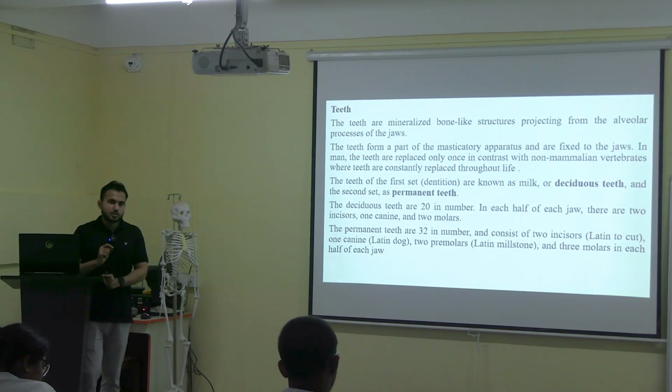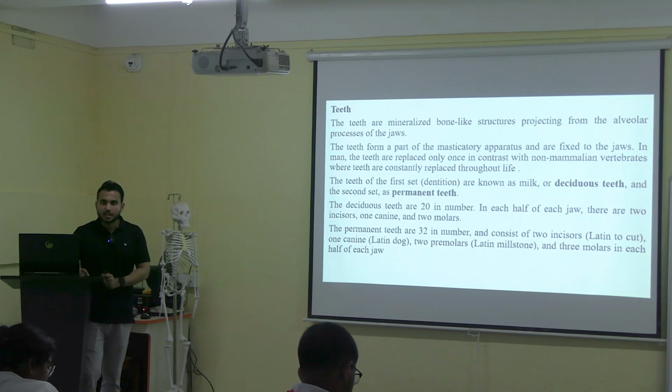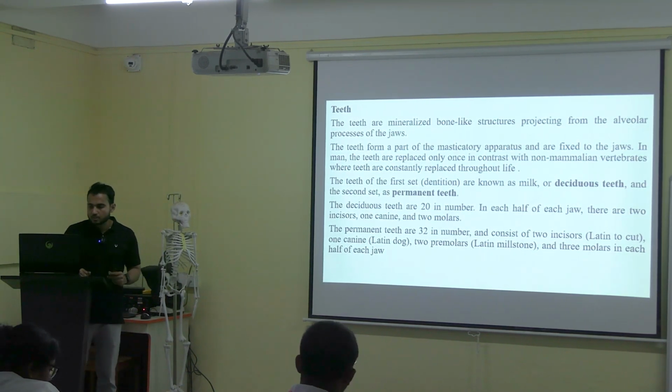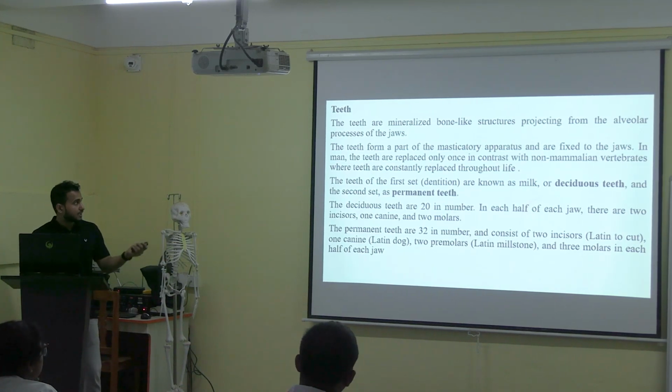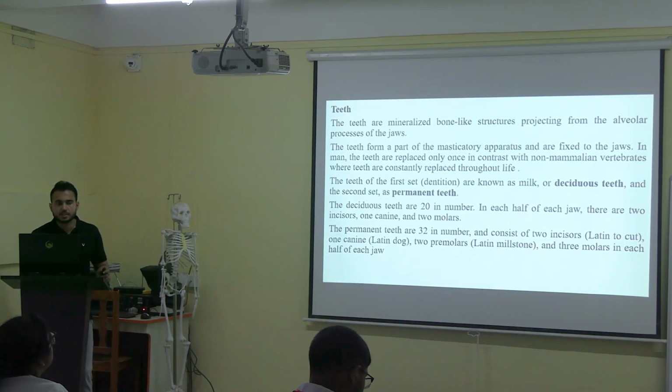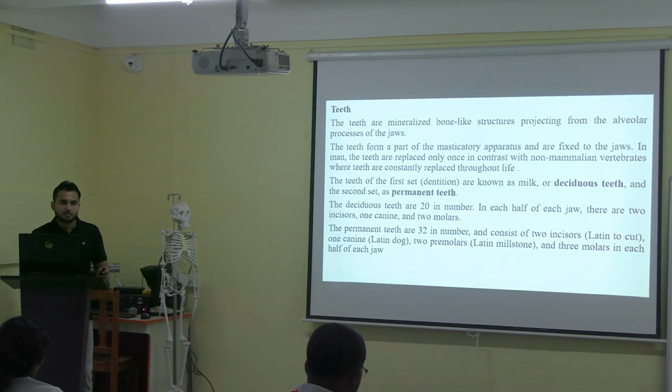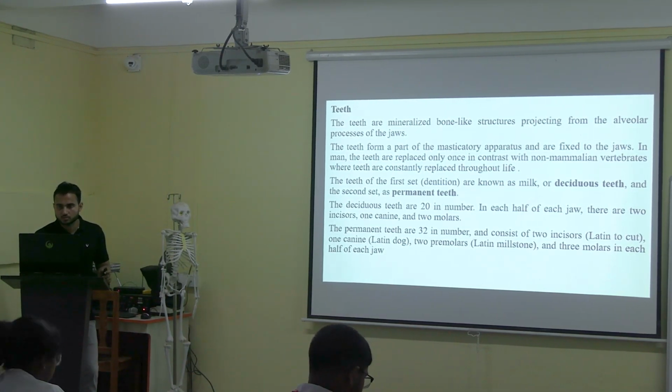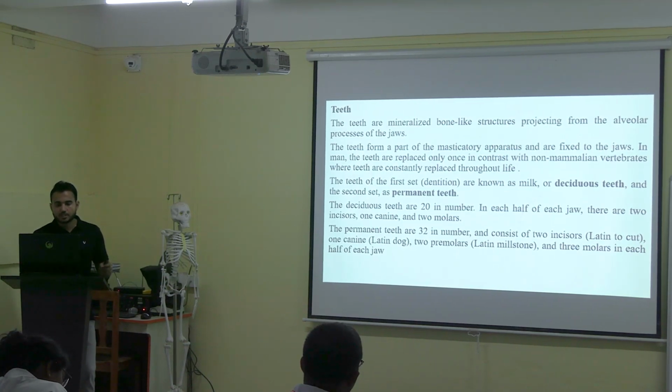In the alveolar processes, sockets are present, and in those sockets, the teeth are attached. Now these teeth, present in both the jaws, form the masticatory apparatus. Masticatory apparatus means the apparatus which helps in chewing, and these are fixed in both the upper jaw and lower jaw.